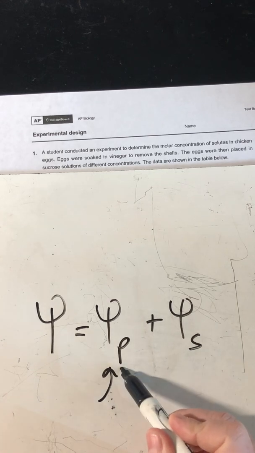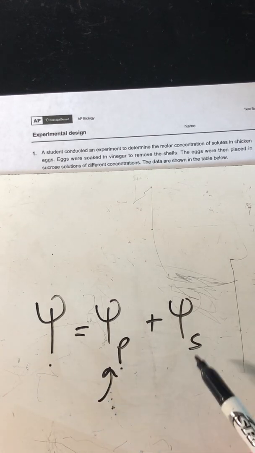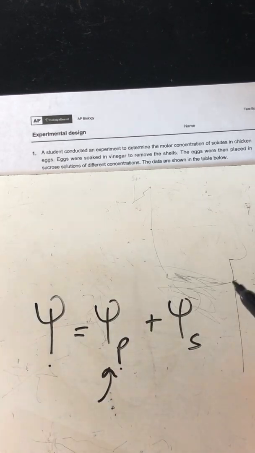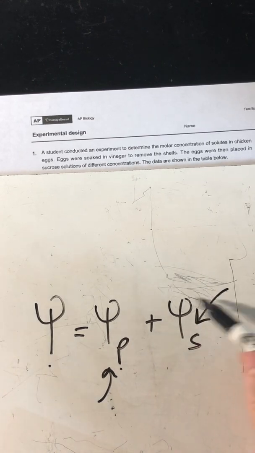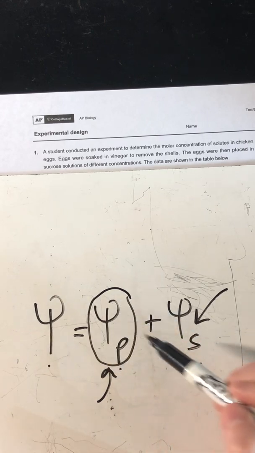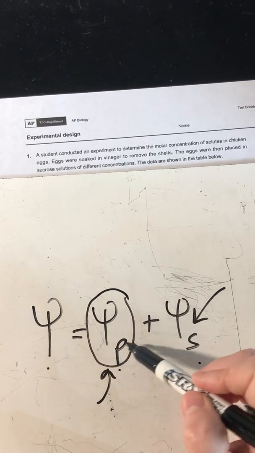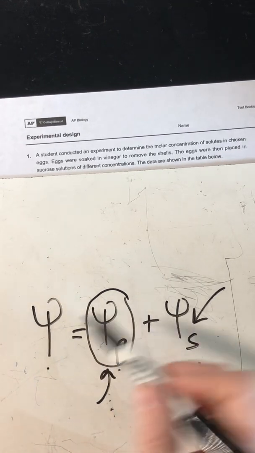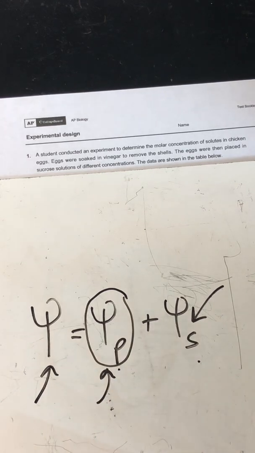So if you change the pressure, you can change the water potential. So plants do that. They can pump sugars and different things into their cells and change the solute potential, or they can pump them full of water or decrease them and change the pressure potential, and then overall it makes water move in or out of cells. And if plants don't move things in and out of cells, they're in trouble.